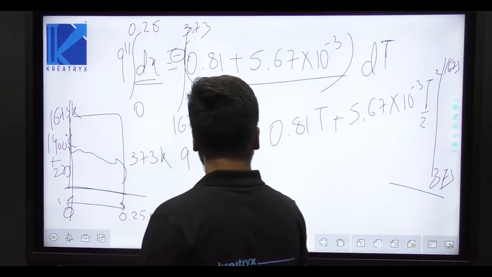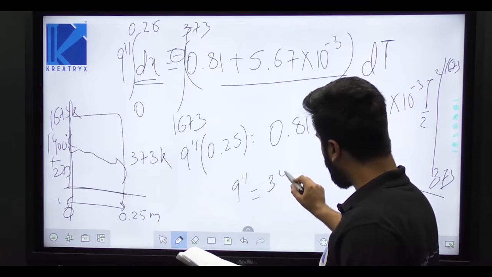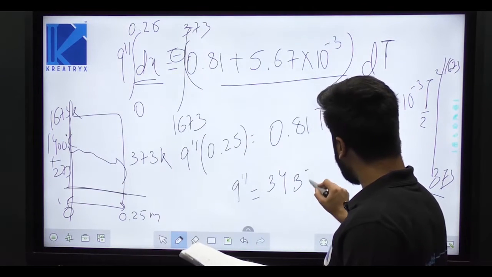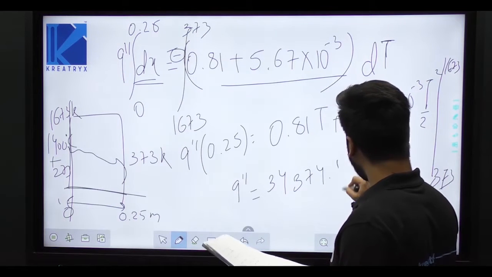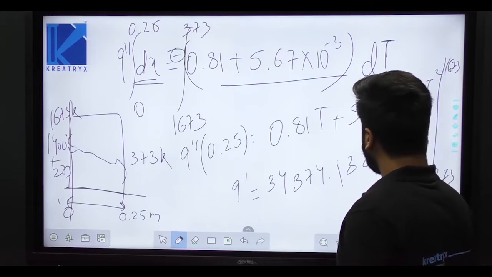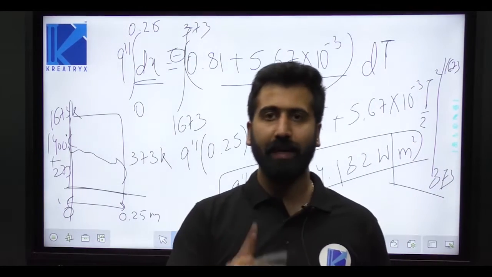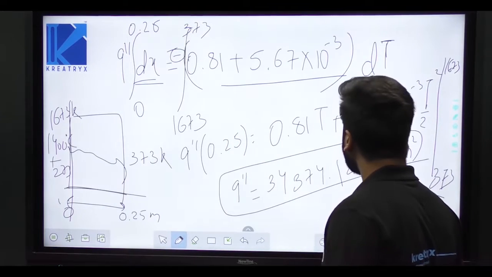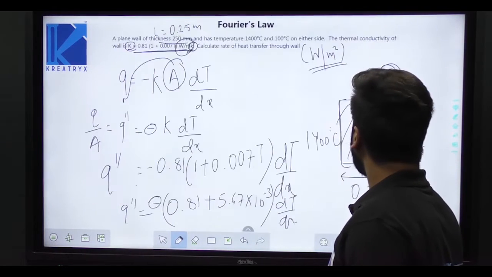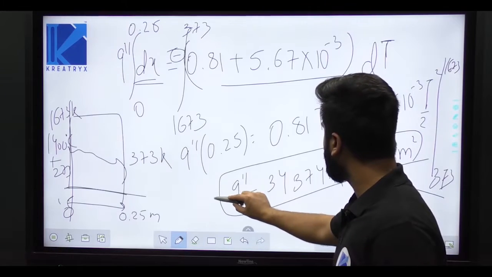You will get Q double dash as 34374.132 watt per meter square. And do check in which units you have to fill the answer. Here you have to fill the answer in watt per meter square. So this is your answer.